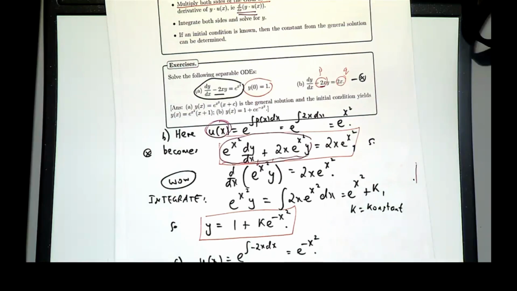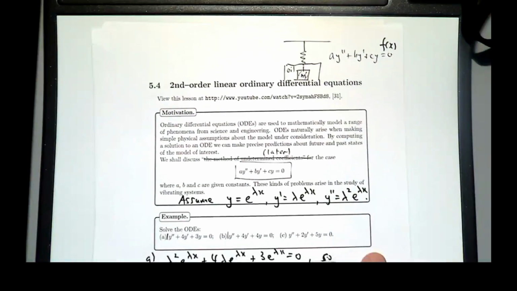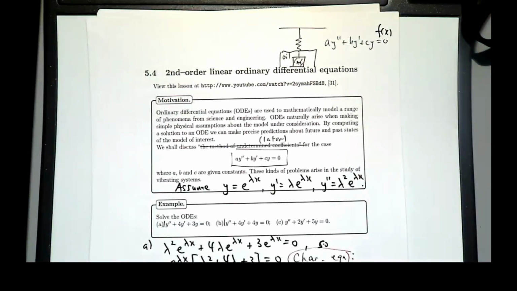I don't know if it'll be as easy as this, but we will do some stuff that's new to you. Okay. All right. So what we ended on yesterday were these second order problems. Second order because they have the double derivative in the equation. And part of the motivation was, say, modelling a spring mass system.